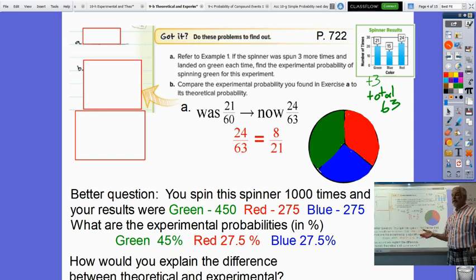Something that made it not random, so you didn't have the same chance of landing in all three spaces just because the sizes of the spaces were the same on the spinner. This is important if you were designing something or playing a game, where you realize that every time you spin the spinner, it comes up on a 9 or 10 instead of these other things. Maybe something's wrong with your spinner, right?